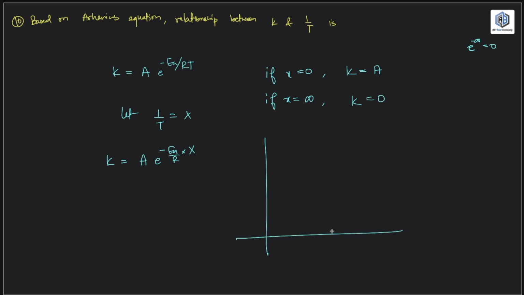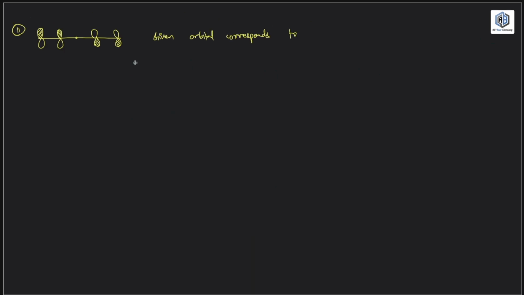Now if you plot the graph between k and x, which is basically 1 upon T: if 1 upon T is 0, k is very high, and if it is infinite, k is 0, so you will have a graph like this. That graph is the correct option. If you have that in the options, that will be the correct answer. Okay, the next question was that given orbital correspond to what?